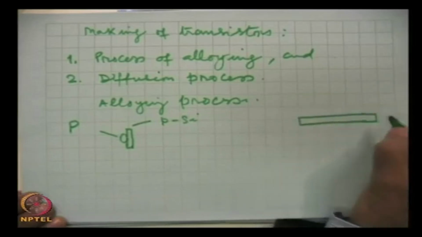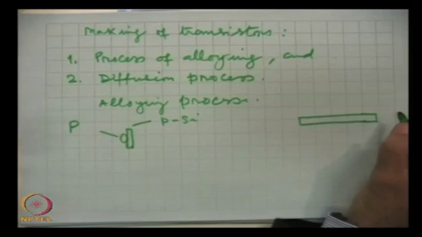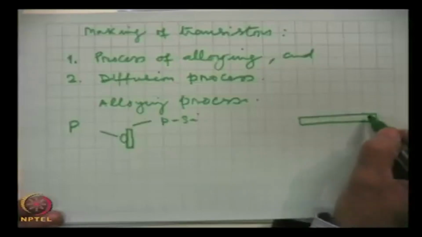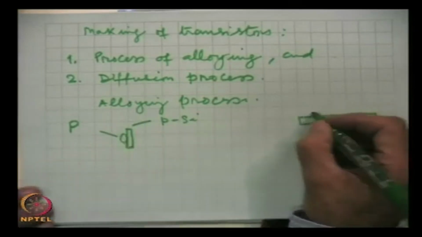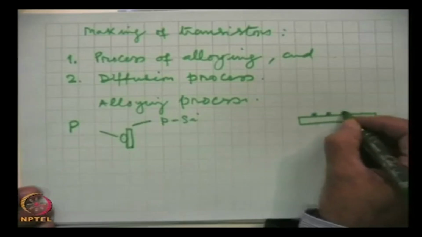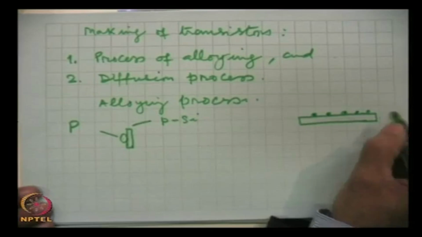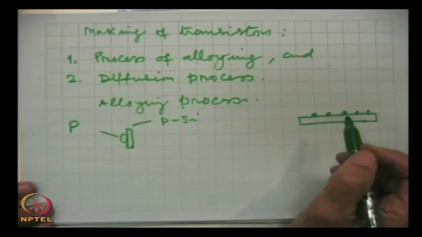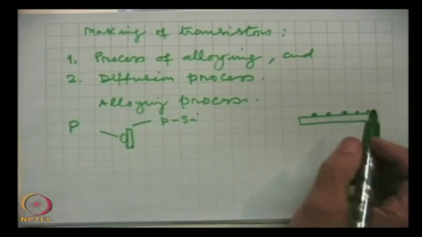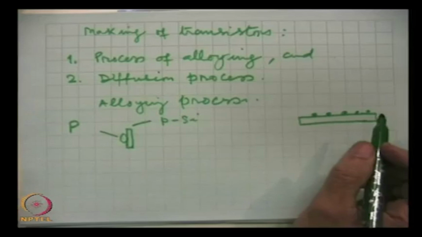Actually there is a large crystal and thickness is very little, almost a millimeter, but the size can be 2 inches, 4 inches, and these pellets in the form of small dots are put on one side of it, and then the whole arrangement is put in a furnace which is very well controlled in its profile and in its temperature.